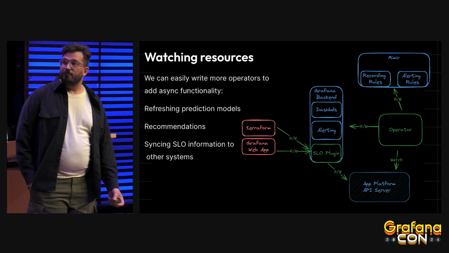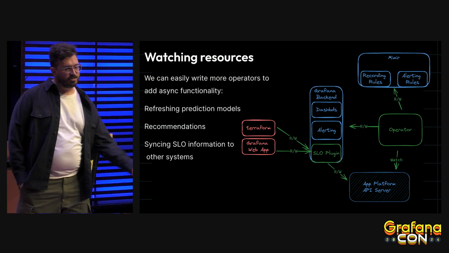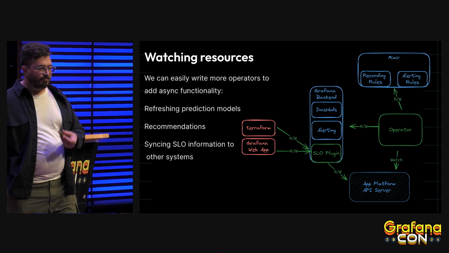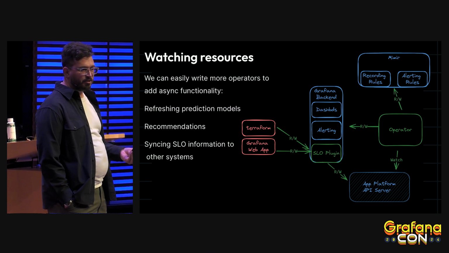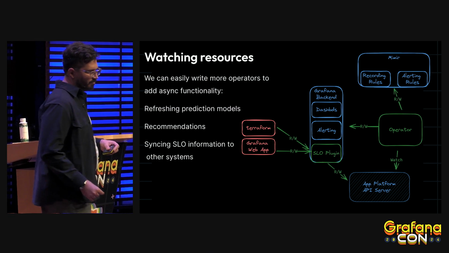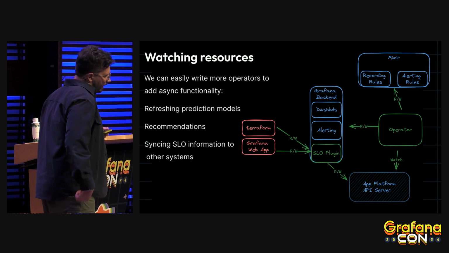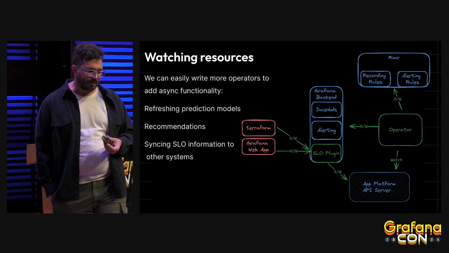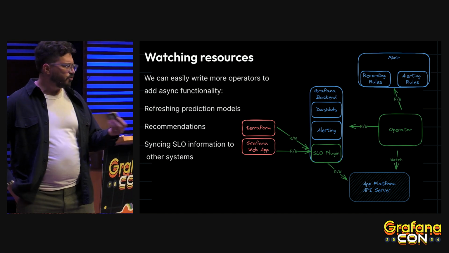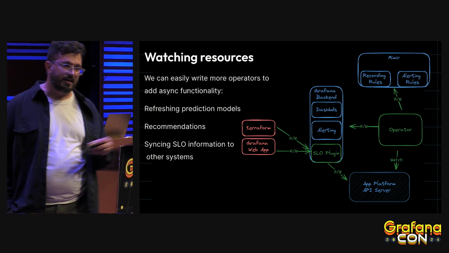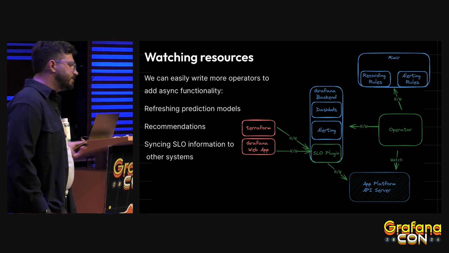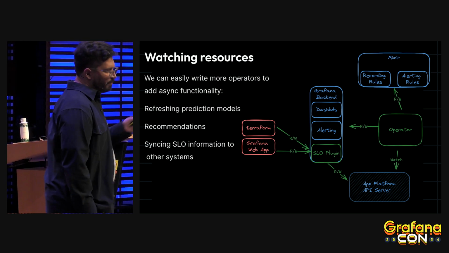So, for example, these are not things we do now, but these are things I've been thinking about. If I have prediction models that are trained based on SLO data, and now something configuration-wise has changed, I can notify the ML system that it needs to redo some work, right? I can do other sorts of things that I might generate asynchronously. For example, it might be nice to put references to all my SLOs into the right part of Backstage, right?